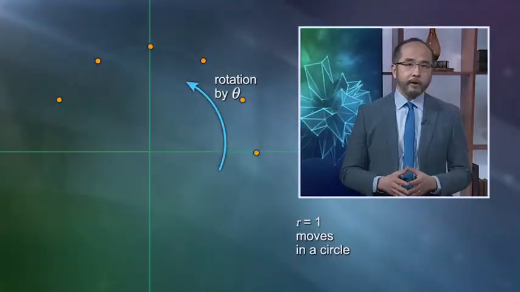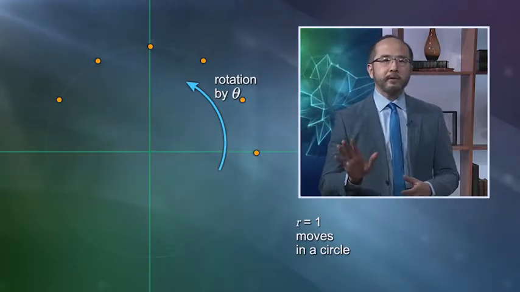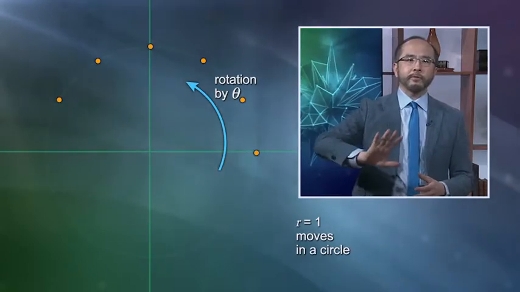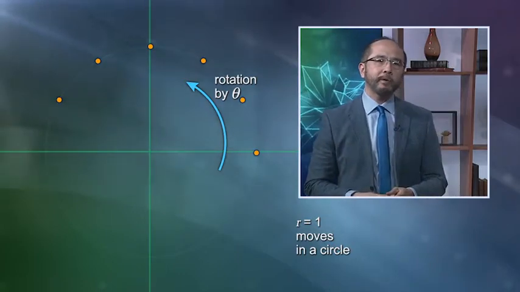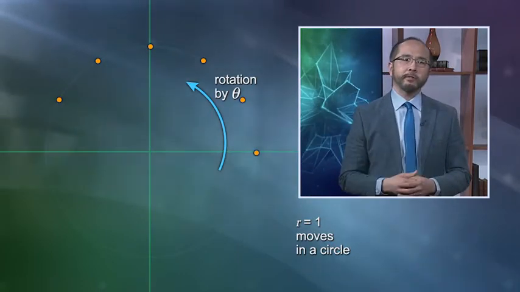So if you start at some point and apply this matrix over and over again, what happens? Well, three things can happen depending on whether the scaling factor r is 1, less than 1, or greater than 1. If r equals 1, you just get a series of dots that move along a circle. Each time the angle from the origin changes the same amount.